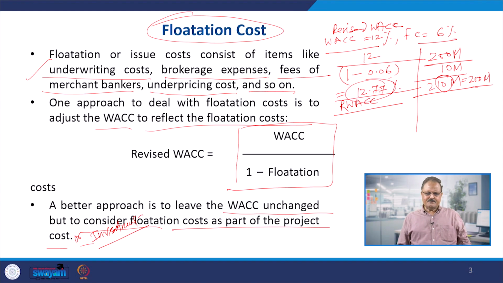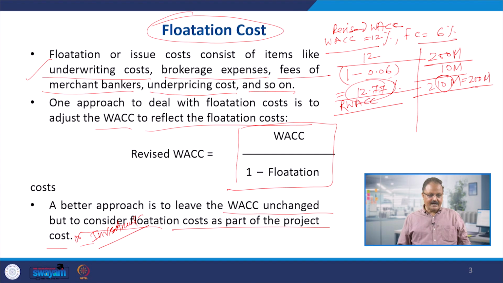After that, subsequent cash outflows seldom happen. So normally we assume that cash outflows occur during the zero period, and it's a one-time investment. 200 million is going to be a one-time investment. Similarly, your flotation cost is going to be a one-time cost. So it should be included in the project cost or the total investment in the project, rather than in the WACC.